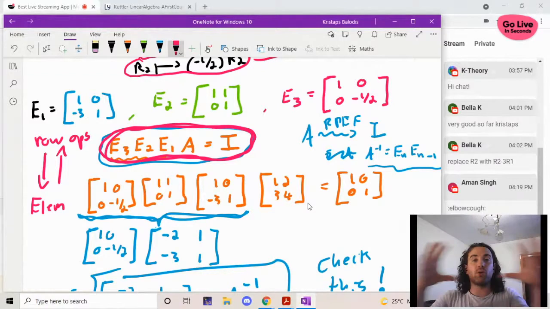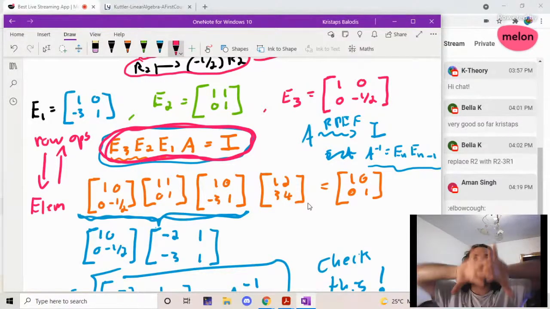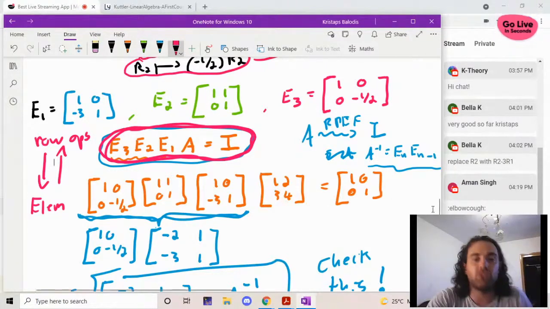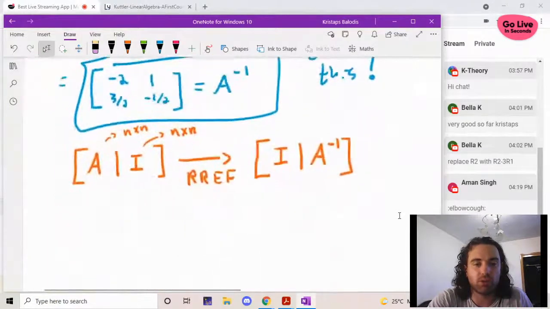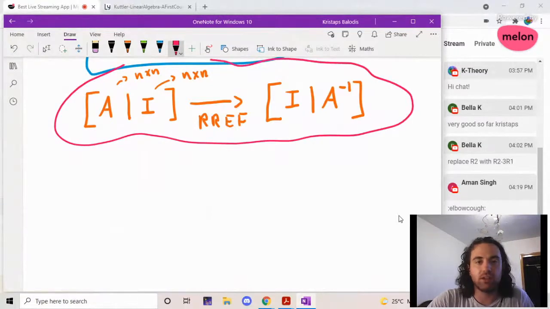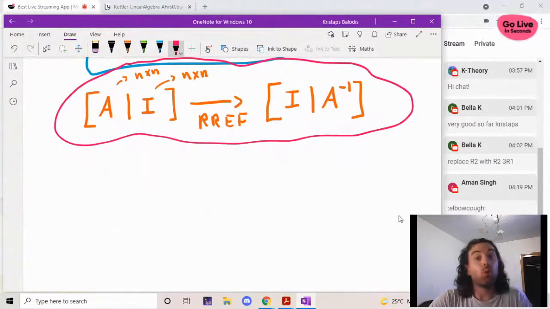It says, let's suppose A inverse existed, break that product up into elementary matrices, and then go backwards to your row operations. But that's just the vague, intuitive explanation for now about why this method works and why this helps us quickly find the inverse.